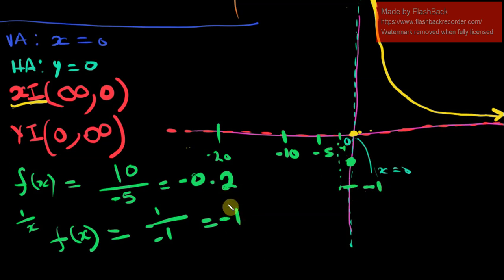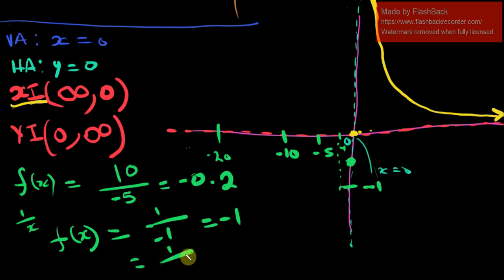As x approaches 0, the graph is increasing in magnitude toward infinity.